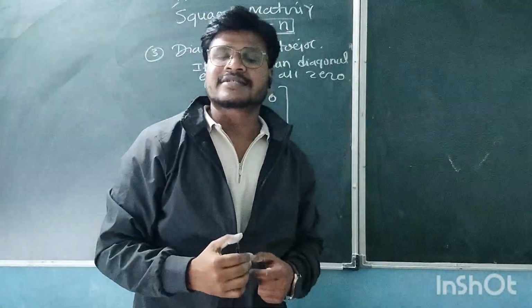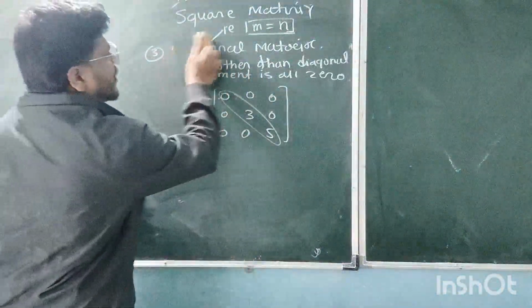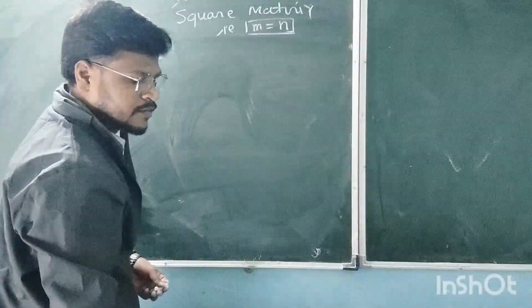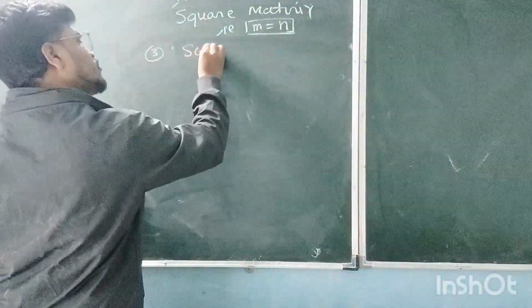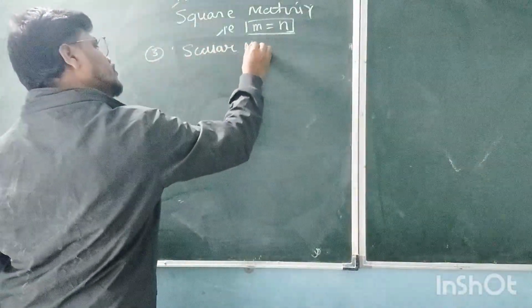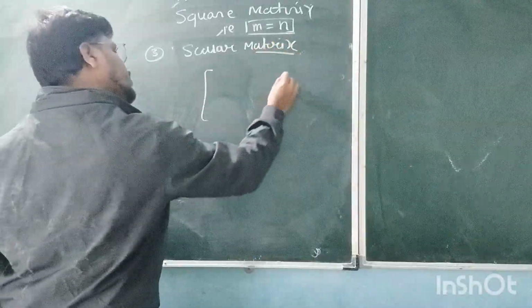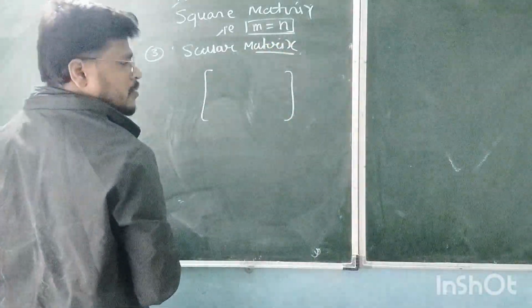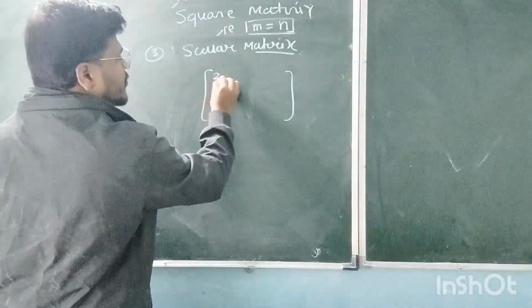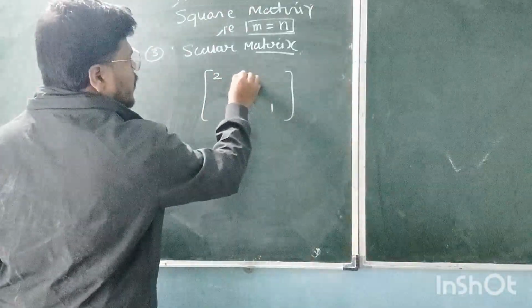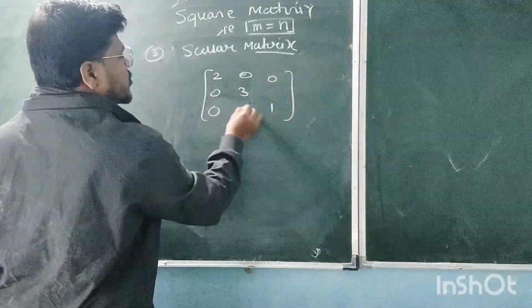Now come to the next matrix, which is called a scalar matrix. Everyone knows about the diagonal matrix. For example, 2 3 1 with all other elements 0.